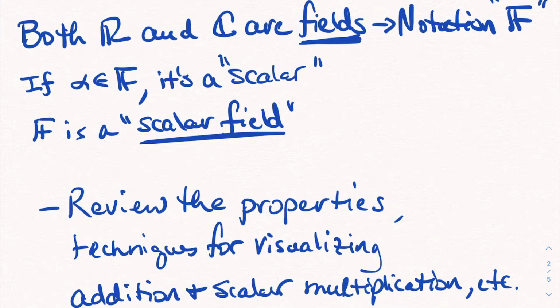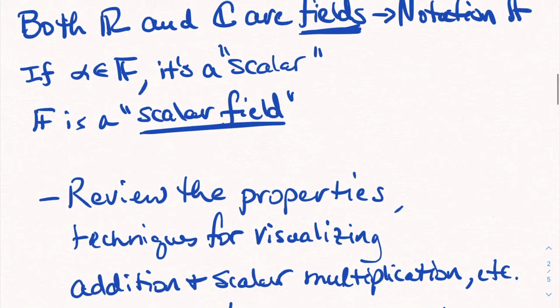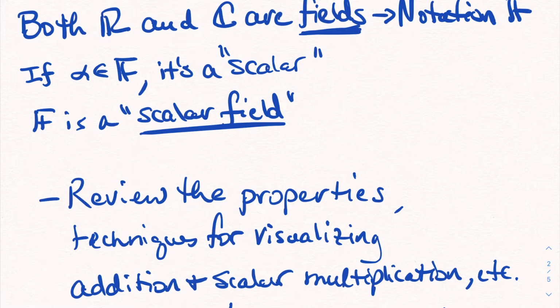Often what's going to happen is only in certain places are we going to even have to worry about whether we're dealing with real numbers or complex numbers. And possibly in other classes, you've used other fields. Generally, we're going to stick with these two in this class. What I would say at this point is be sure that you review all of the properties that you know about R and C, techniques for visualizing things.